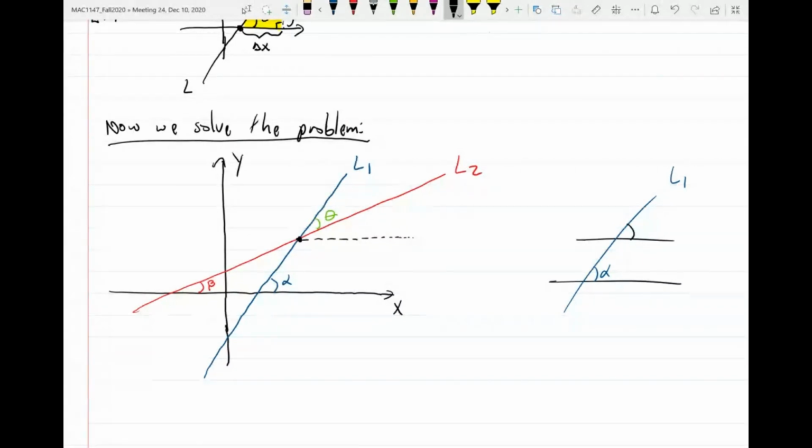What's the measure of this angle up here? This is something that you learned back in high school. Can you tell me what this one is, the one that I did in black? That's alpha as well. Very good.